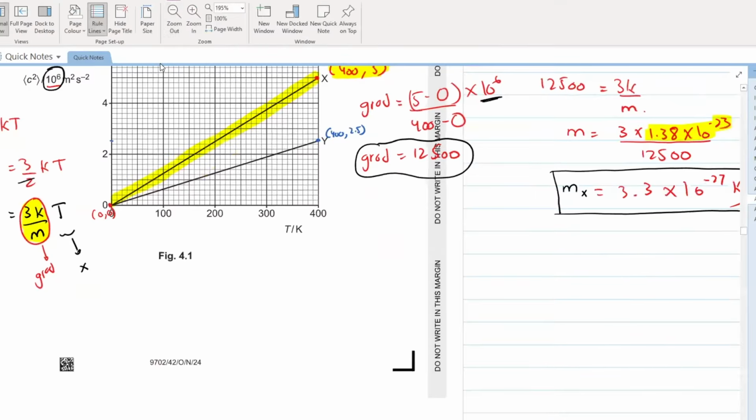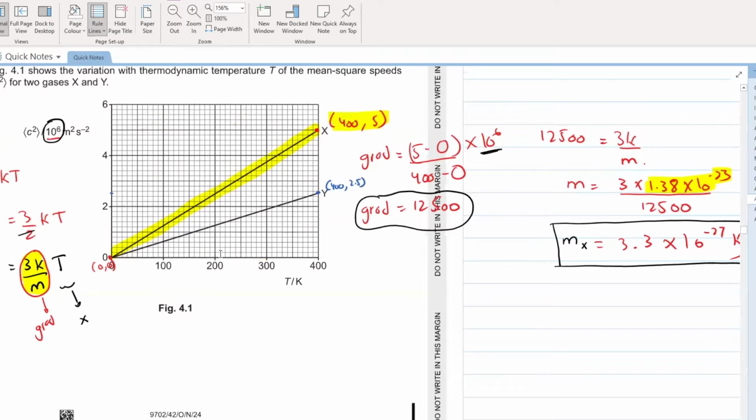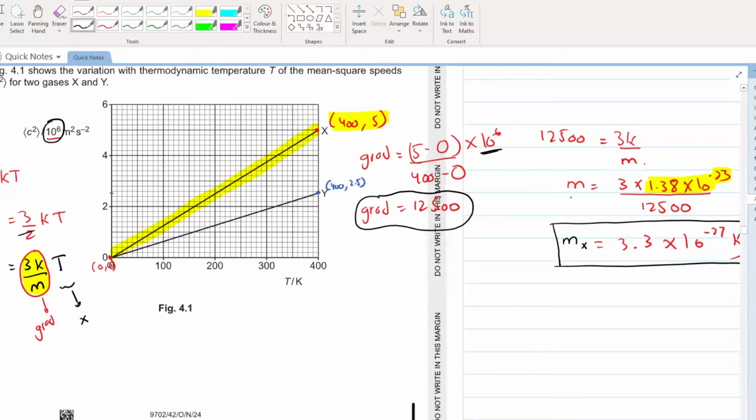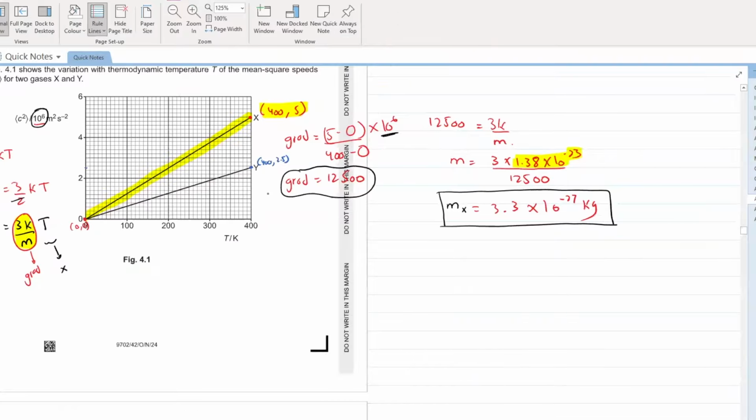Now, here is the difference between a genius student and a mediocre student. As soon as I calculate this point, a mediocre student will do all this hard work again. But if I am a little genius, I will know that the gradient of X was 12,500.